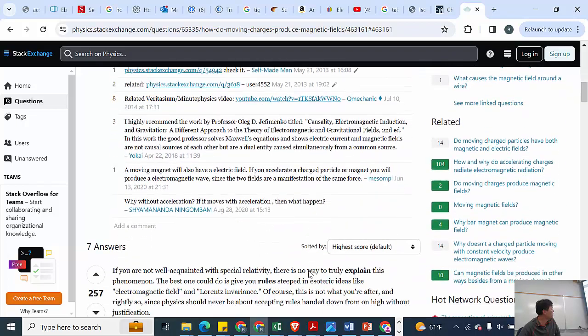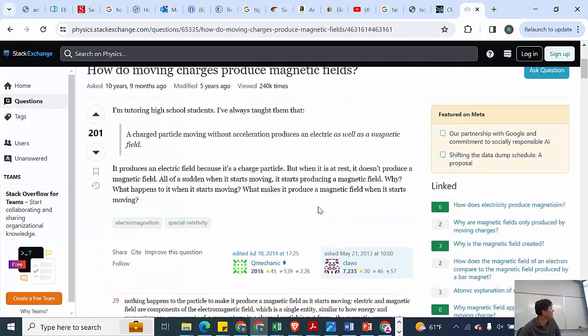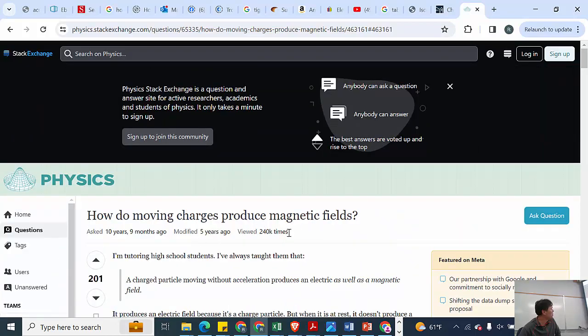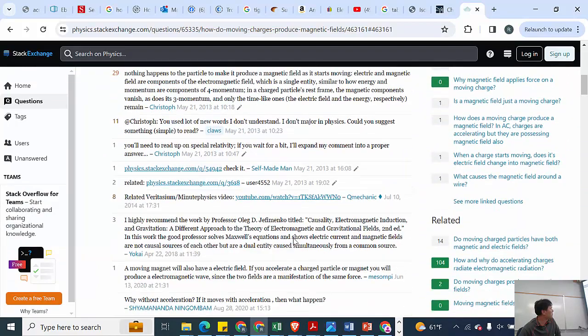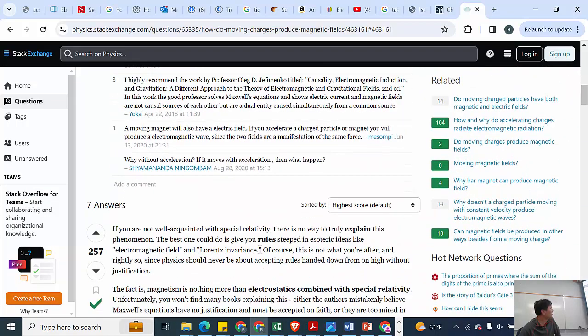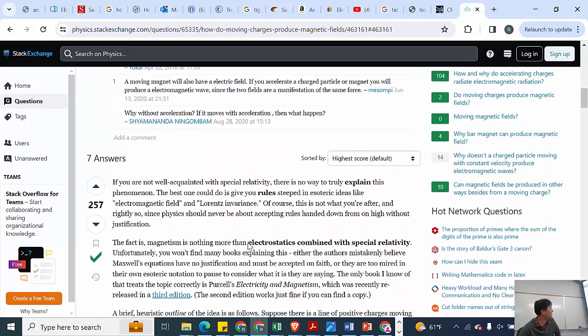For example, on this page, there are 7 answers to how do moving charges produce magnetic fields. The best answer that came up was a combination of electrostatics, which is Coulomb's law, with special relativity, which comes from Einstein. Einstein had general relativity and special relativity.